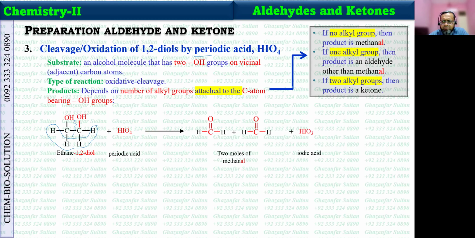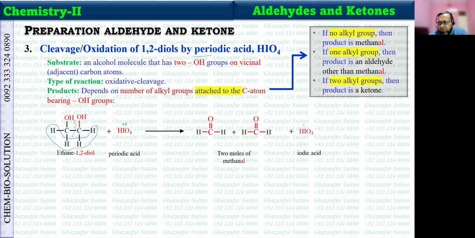And this periodic acid is converted into iodic acid. If you calculate the oxidation number of iodine here, then you will find it is +5. No, it is +7, not +5. It is +7.